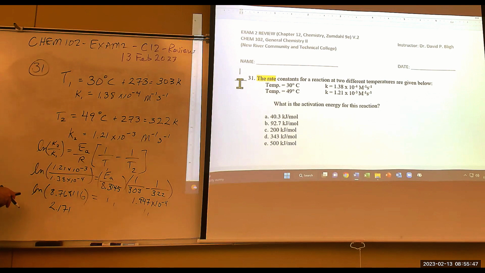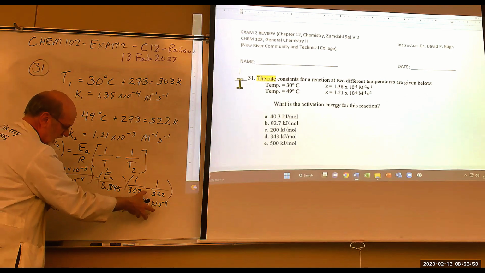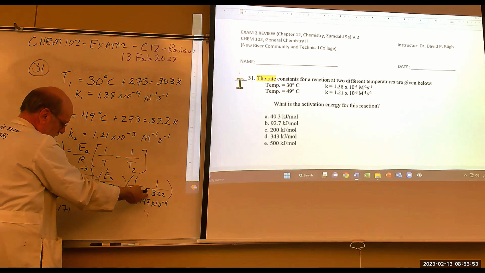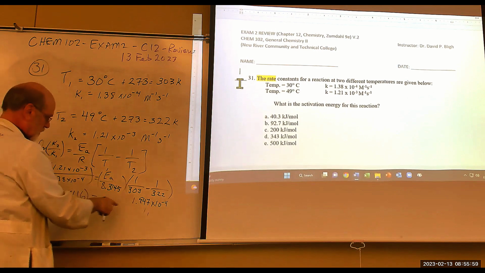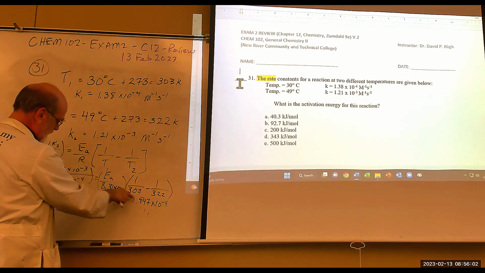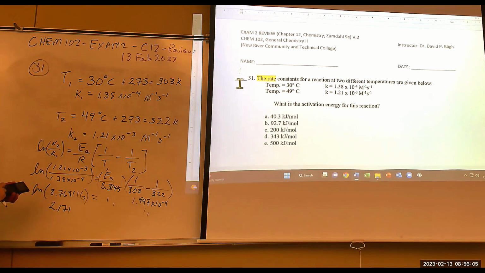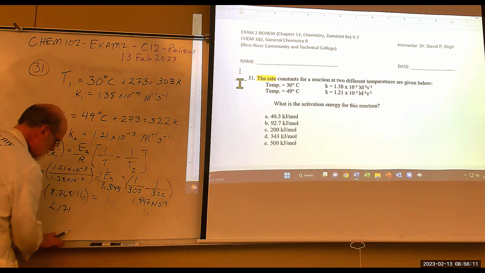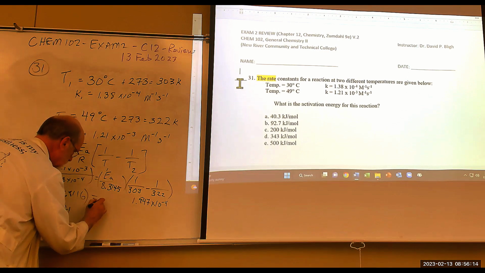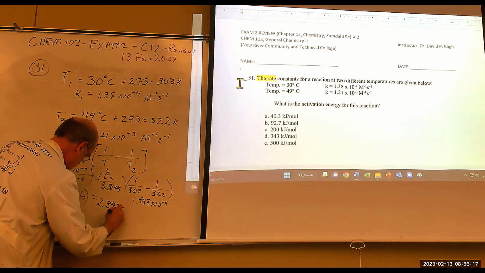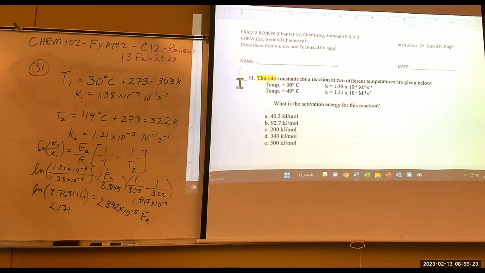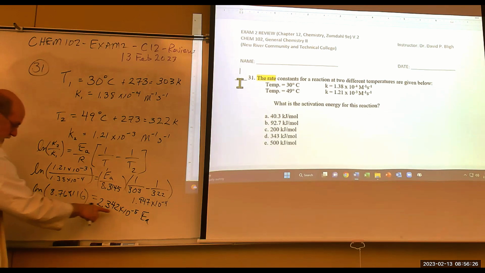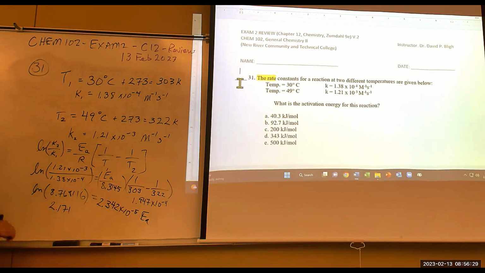So this now is that whole term there times this term. So we divide this into that. That's the next term. We flip this and divide this by 8.3145. That's 2.342 times 10 to the minus 5 times E sub A. So all I need to do to get E sub A is to divide this one by that one.